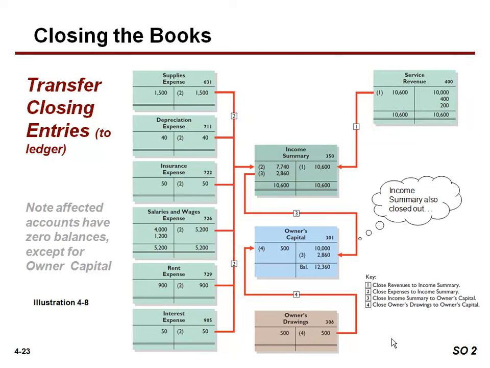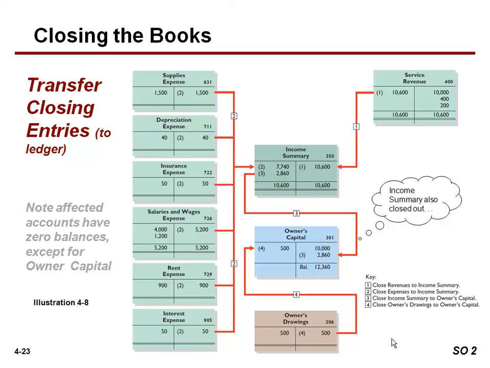The third closing entry looks at the income summary account itself, also a temporary account, only at year end. It has a balance of $2,860, meaning it has an excess of credits over debits. So our closing entry is to place a debit entry into that account, $2,860. The credit closing entry, $2,860, goes into owner's capital account, the permanent account.